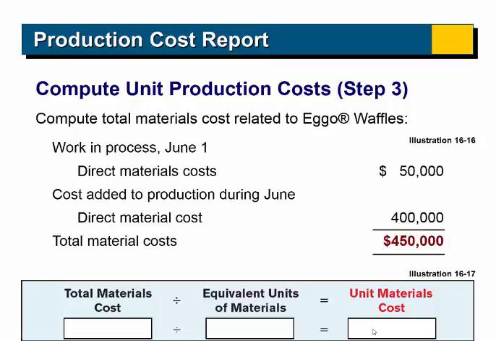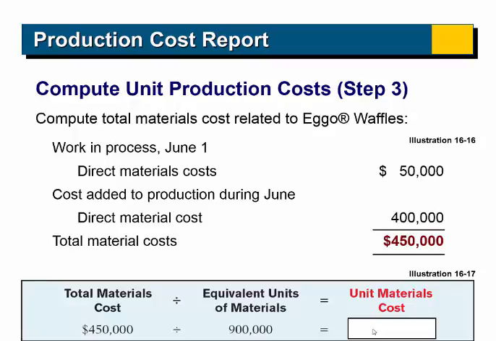We're then going to take that and divide it by the equivalent units. And thankfully, due to keeping it simple, all materials were received when the units were begun. So that's 100% as to materials for the total quantity, which resulted in 900,000 total units. We've seen this twice now.